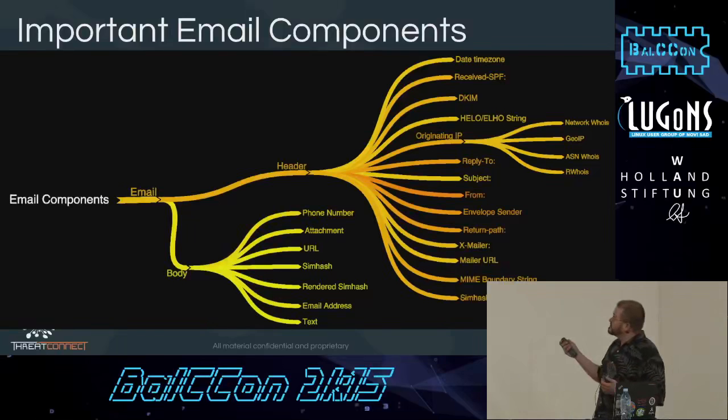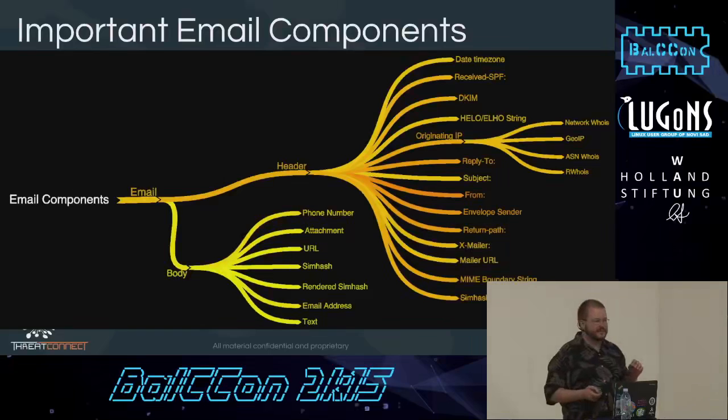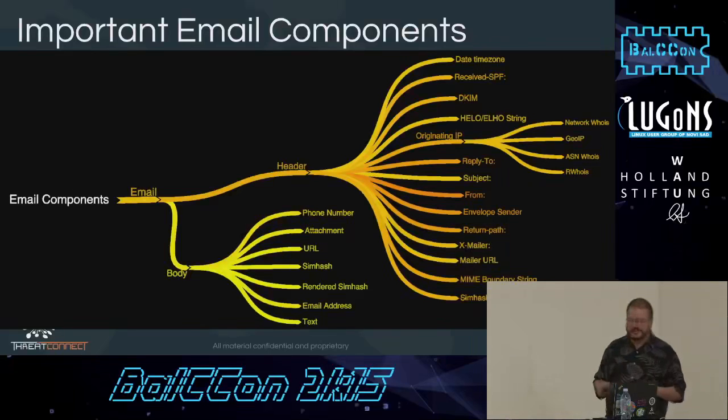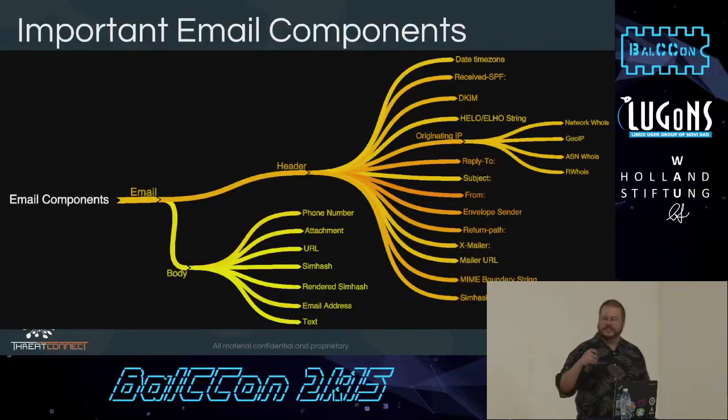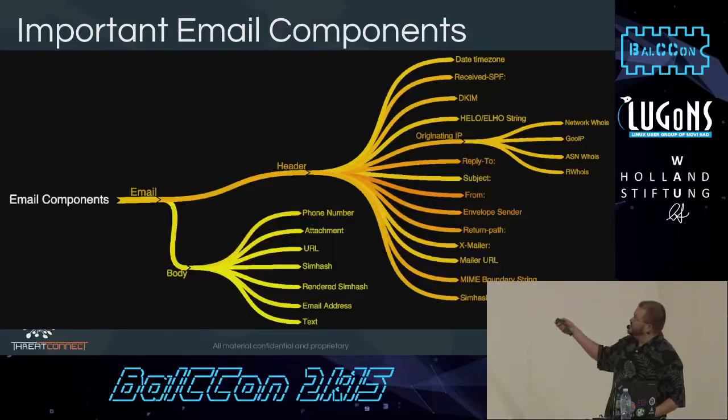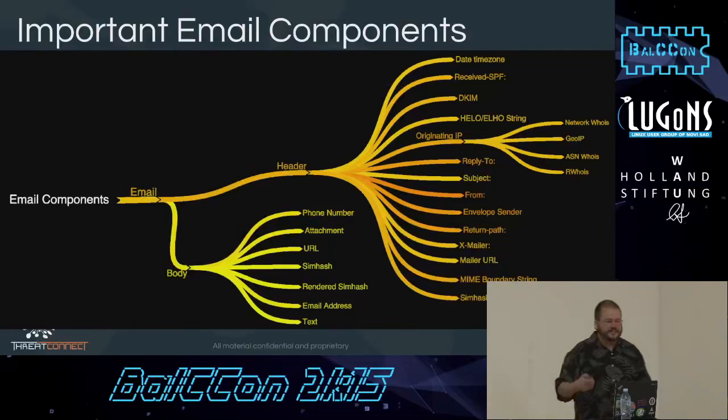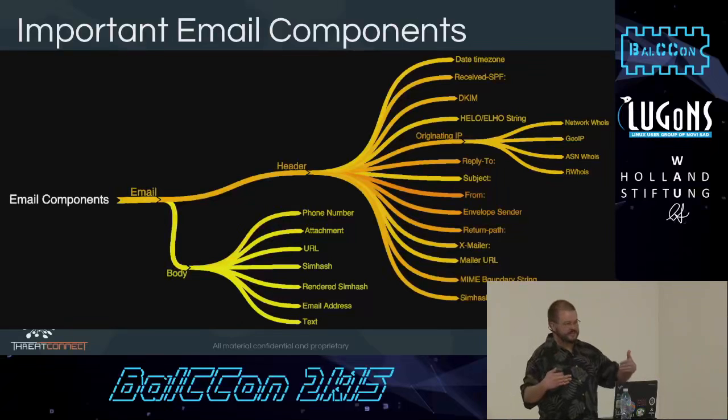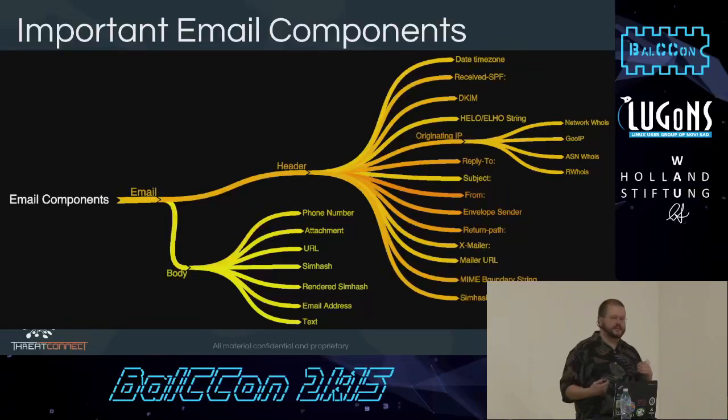Another thing, this is something that might not be as obvious as the other components here. The EHLO or HELO string, this is during the SMTP handshake. When one mail server or a mail client is speaking to a mail server, it makes a connection on port 25, and then it goes through an SMTP handshake.